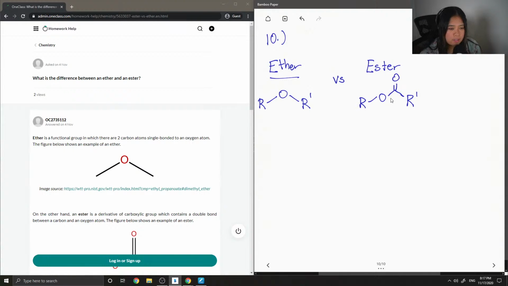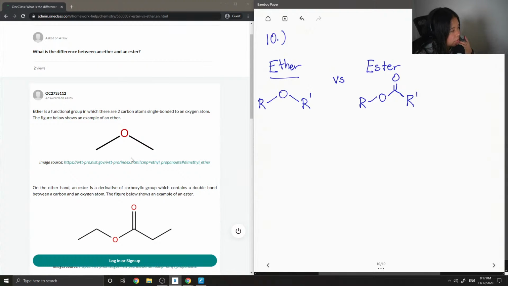Okay, so this is also in the middle. If it were a carboxylic acid, then there wouldn't be another R group, there would just be a hydrogen. And similarly, if this was an alcohol, for the ether, there wouldn't be another R group, there would just be a hydrogen. So those are the two structures.